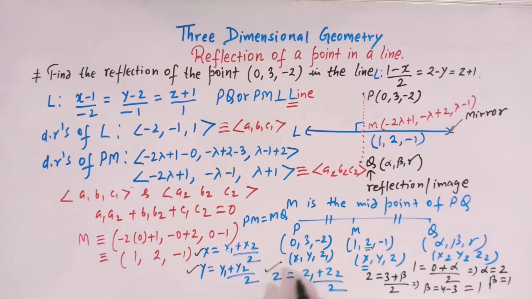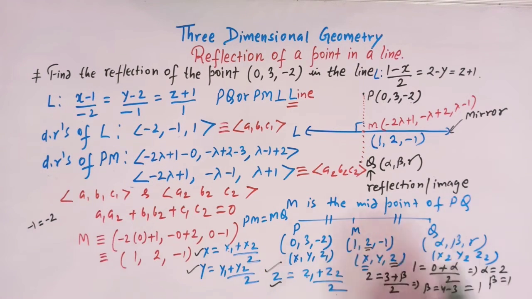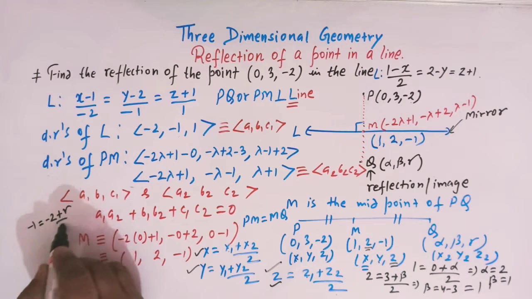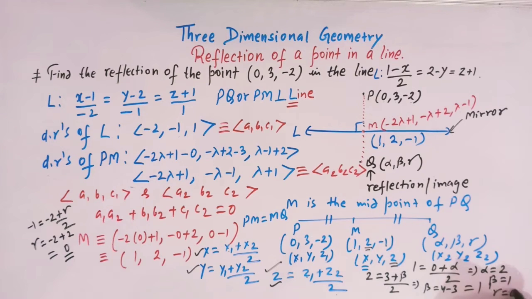Here z is z1 plus z2 over 2, and z is minus 1, z1 is minus 2, and z2 is gamma, over 2, so gamma is minus 2 plus 2, that is 0. So gamma is 0.